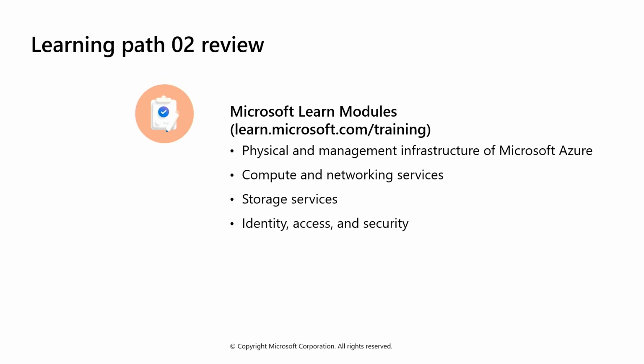Finally, we wrapped up with identity, access, and security. We explained Entra ID, authentication methods such as single sign-on and multi-factor authentication, and security models that keep your environment safe and compliant. By now, you should have a solid understanding of Azure core services and how they work together to deliver a secure, scalable, and reliable cloud platform.